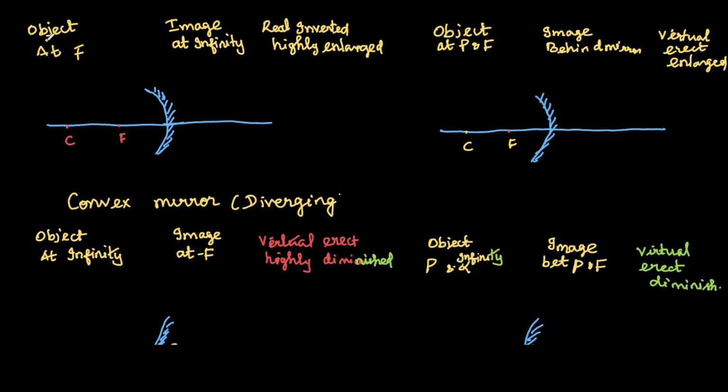When we keep the object at F, I am drawing the object at F. The light parallel to the principal axis will be reflected and pass through the F. The light ray which is passing through the C is not intersecting, because the image is formed at infinity, somewhere else.